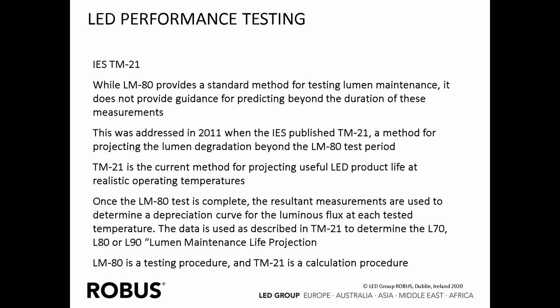So looking at that, LM-80 is a physical testing procedure, and TM21 is a calculation procedure which uses that test data and extrapolates it to a longer period of time using a trend curve of light output depreciation.